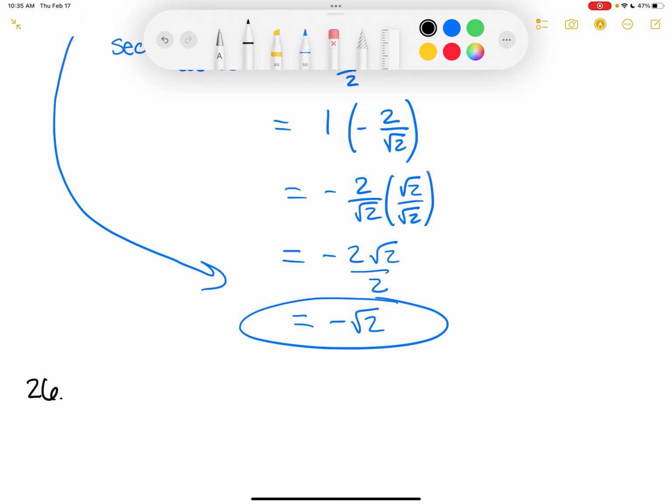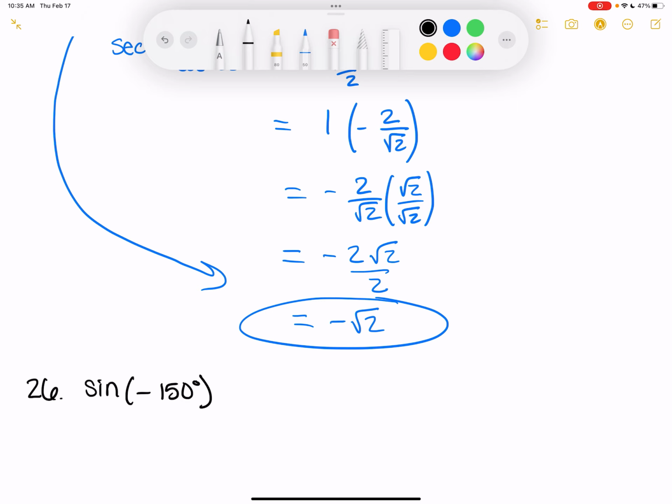All right, 26. The sine of negative 150 degrees. Okay, so obviously sine is something that we know, but I'm going to have to find minus 150 degrees. So I've got to work my way backwards, right? So I know from here to here is 90.